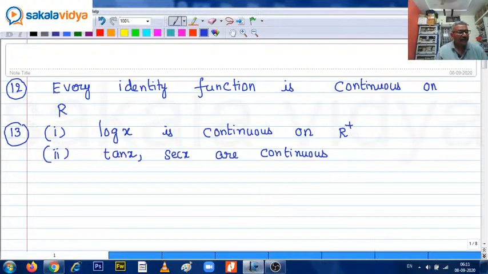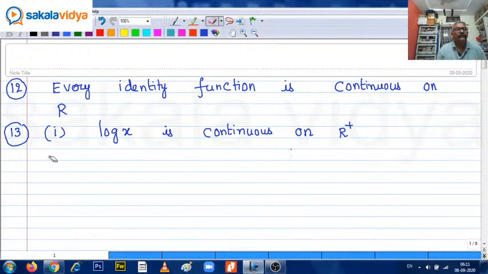sin x and, sorry, 1 minute, let me write.